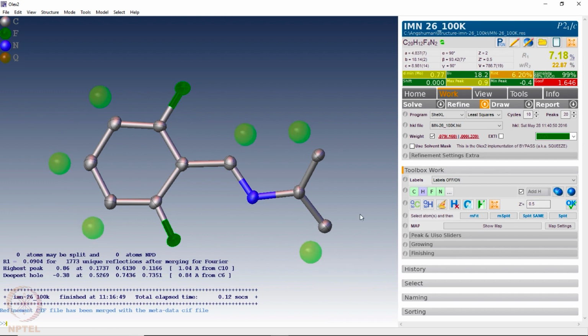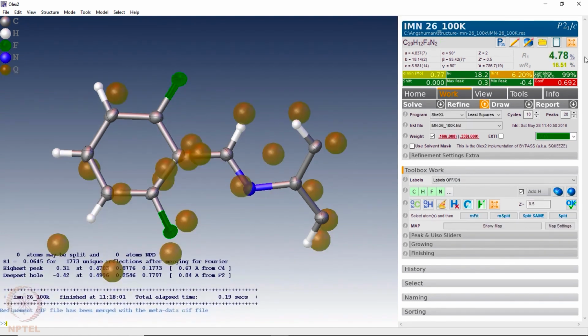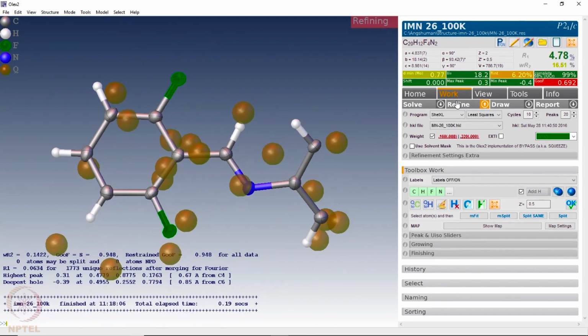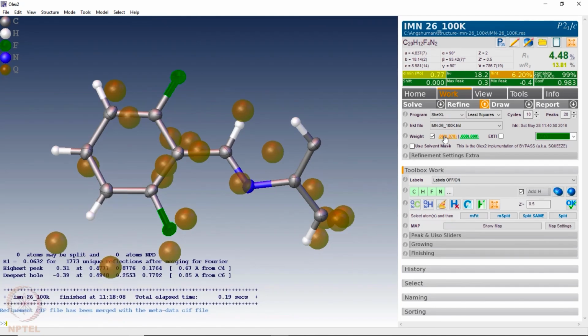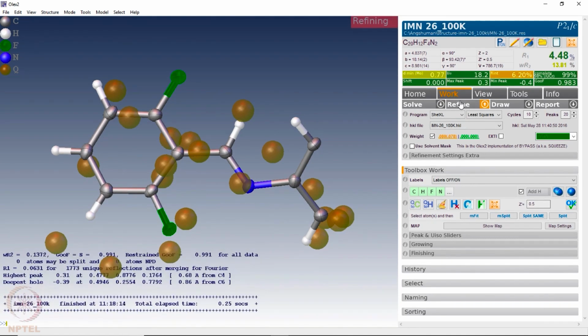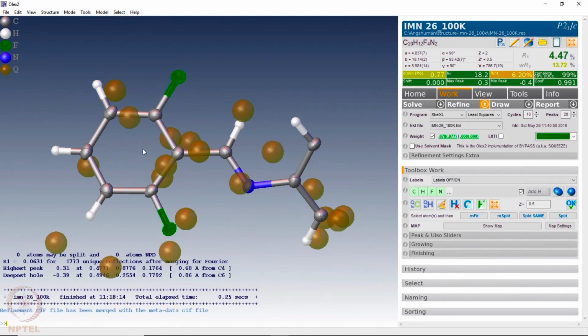After selecting those and marking those atoms as hydrogens, if we refine, we will see that the R factor reduces. You do it a few times till you reach convergence, so all these weighting parameters should become green, which would indicate that the refinement is reaching convergence.